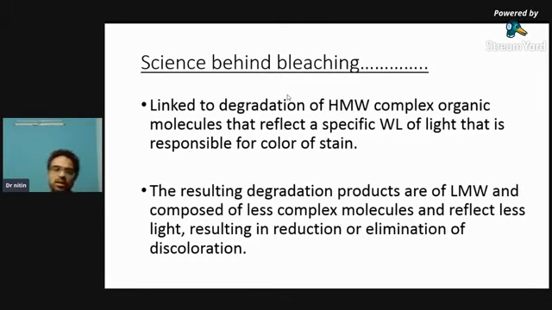So it's more of a phenomenon of reducing the discoloration or elimination of the discoloration by the oxidation or degradation of the components. They are not removing these components, they are basically acting on these discolored components, which causes them to lighten up or be eliminated.